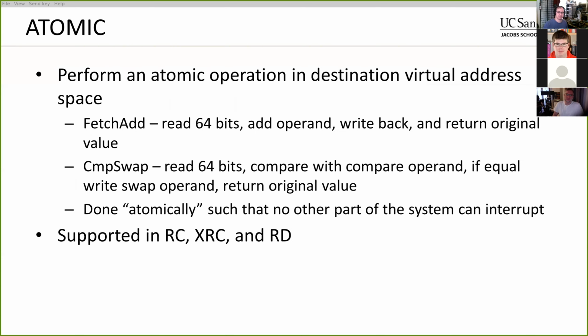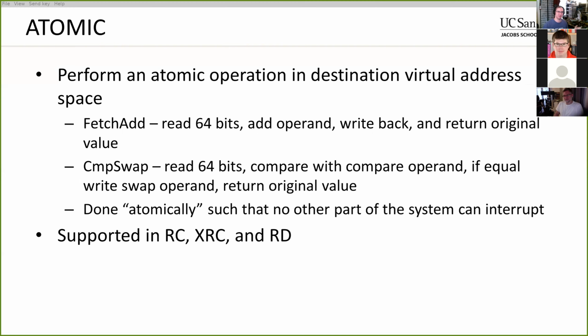And then we have atomic operations. For anybody who's done any kind of multi-process, multi-threaded communication, you probably know why these are useful. So atomic operations over RDMA allow you to perform fetch and add, or compare and swap operations in the destination virtual address space. These are the same as everywhere else.